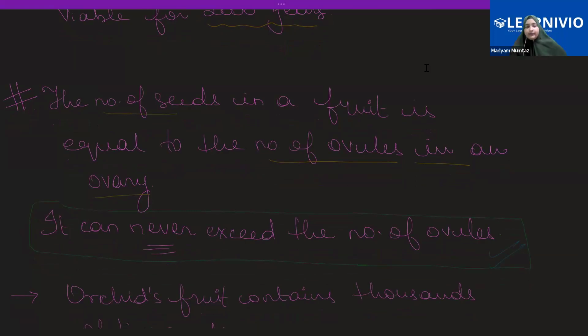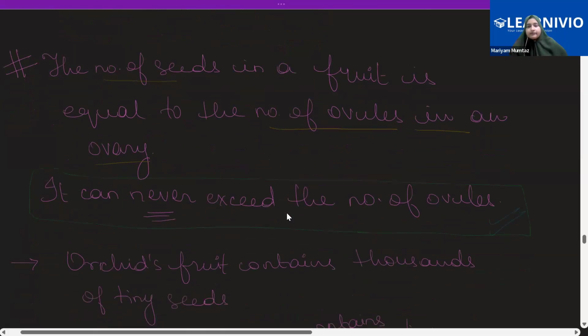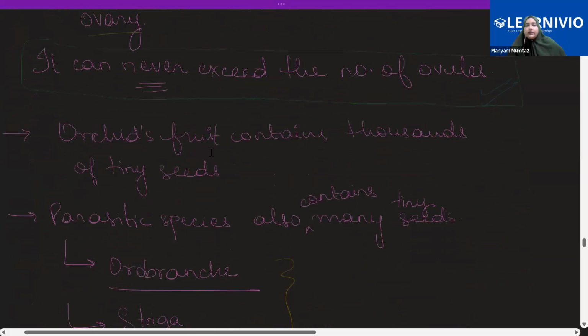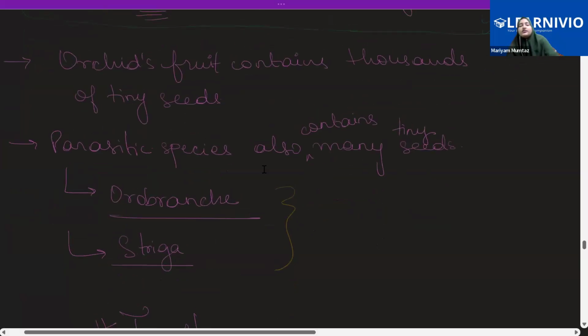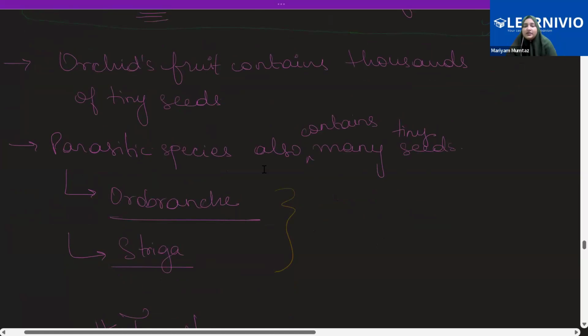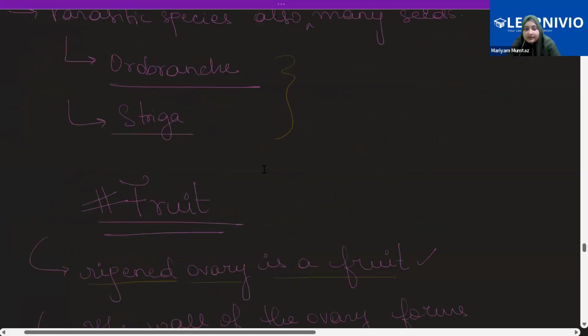Now, orchid fruits contain thousands of tiny seeds, but there are many fruits that have a single seed present. So it varies from species to species. Orobanche and Striga, these are the parasitic species that have several tiny seeds present in them.